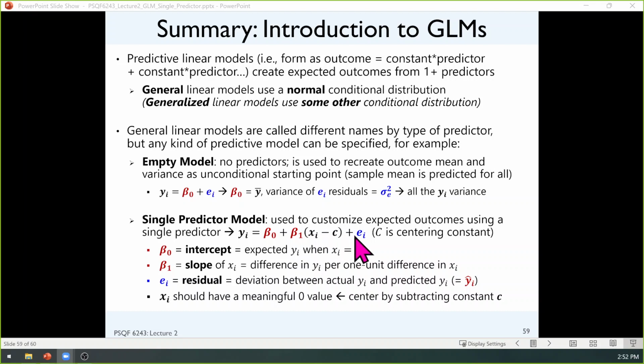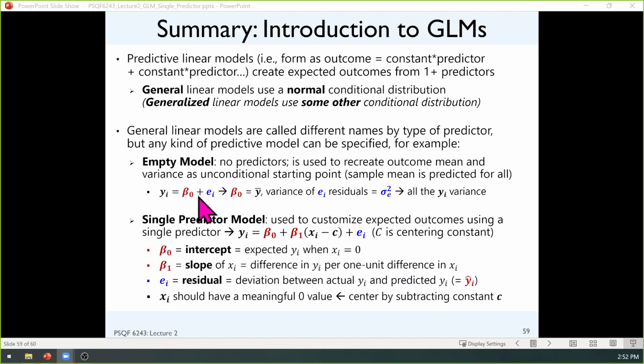And e is still what's left, how far off my prediction each observation is, and we want to collect the e's. So if x matters, there should be less e variance than before. Whether or not it's significantly less, cough, cough, homework question, is tied to the significance of the slope.